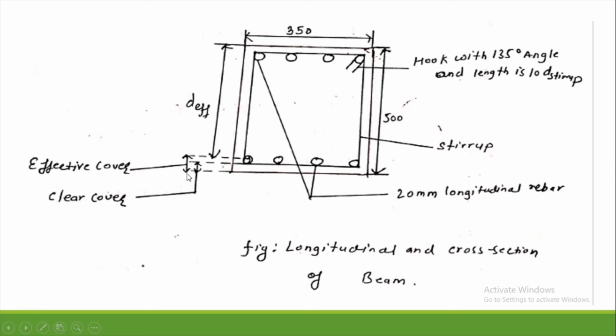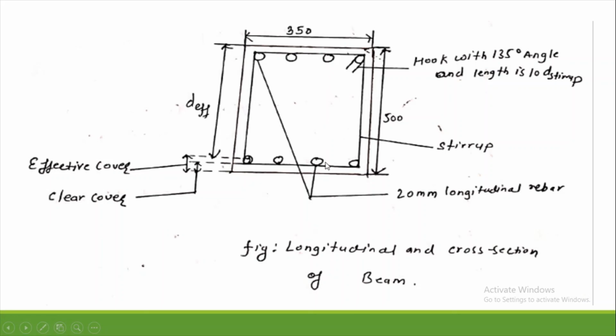And effective cover is also very simple, it is the distance from the center of the bottom longitudinal rebar up to the bottom surface of the beam. Clear cover is the distance from the outer surface of the beam to the stirrups. And this one is also clear cover, this one and this one also clear cover.